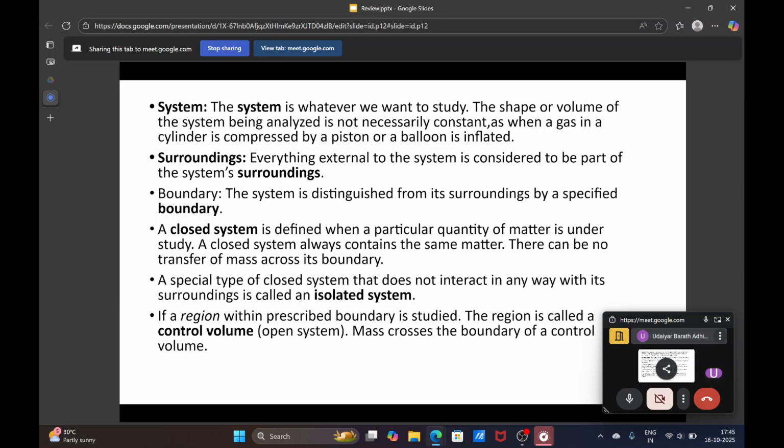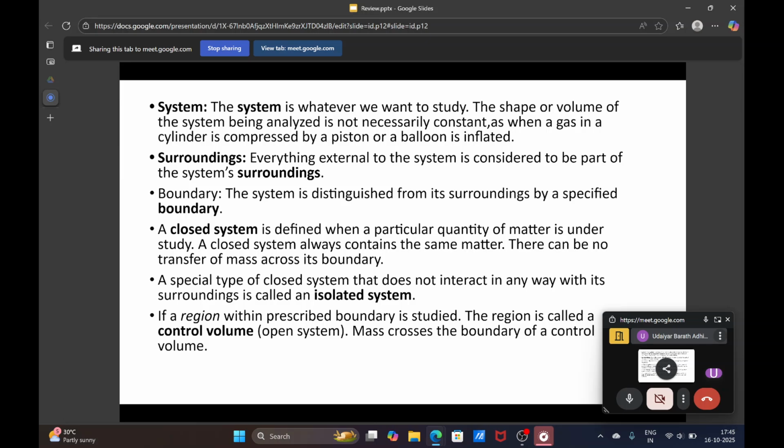So that is your system, and everything except this, whatever is out of your system, that is your surrounding. And the boundary, which is separating these two, system and surrounding, that is your boundary. And then you have this type of system, a closed system, an isolated system, and an open system or a control volume.